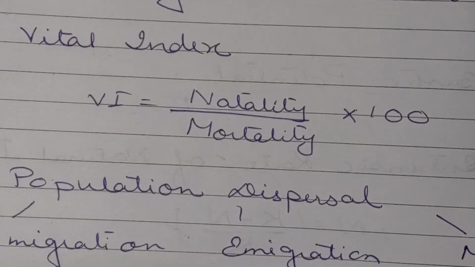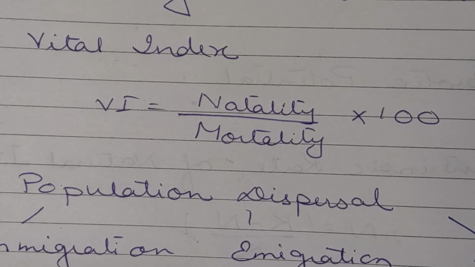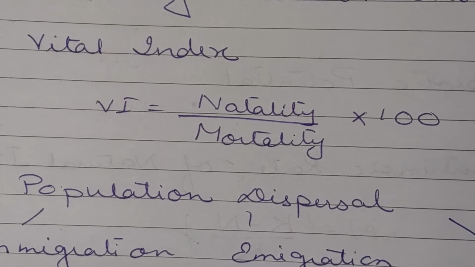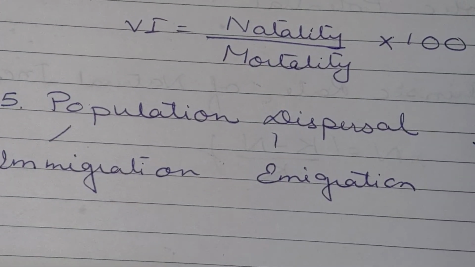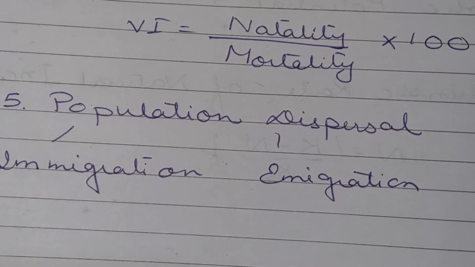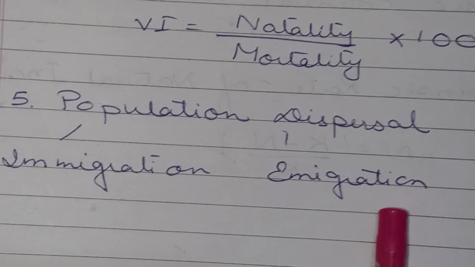Then comes population dispersal. Population dispersal means the movement of individuals for different requirements from one place to another. First comes immigration. Immigration means when individuals are added to a population; when individuals come inside a population, we call it immigration.